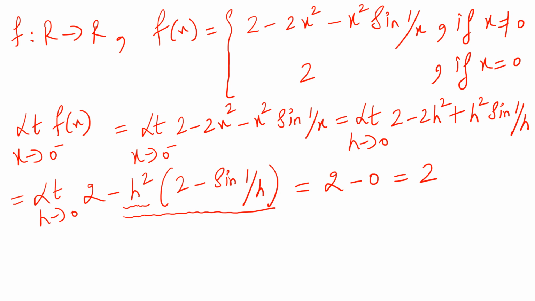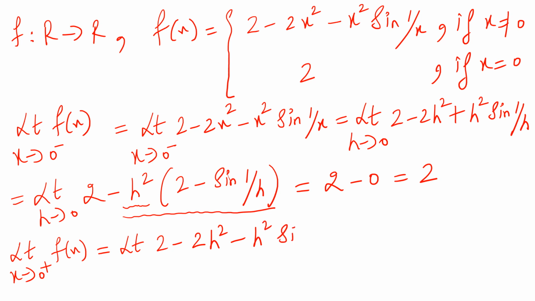Now students, from here we conclude that in the left neighborhood of x equal to 0, the value of the function f of x is slightly smaller than 2. Now similarly, we will find the right hand limit of f of x at x equal to 0, which is given as limit f of x, x tending to 0 plus, and this is limit 2 minus 2h square minus h square into sine of 1 upon h, h tending to 0.